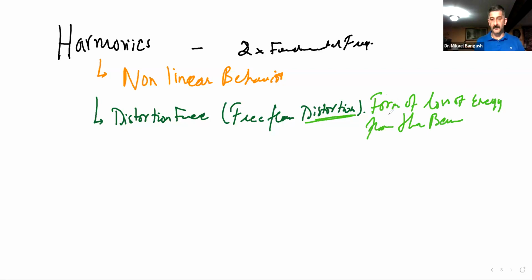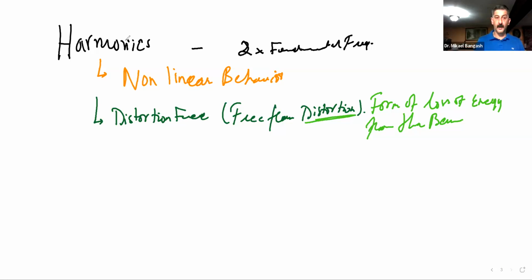That's when you specifically get ultrasound related distortion. Otherwise, distortion just means that whatever thing we are talking about changes its form or changes its capacity. But here, when we talk about distortion, it is loss of energy.